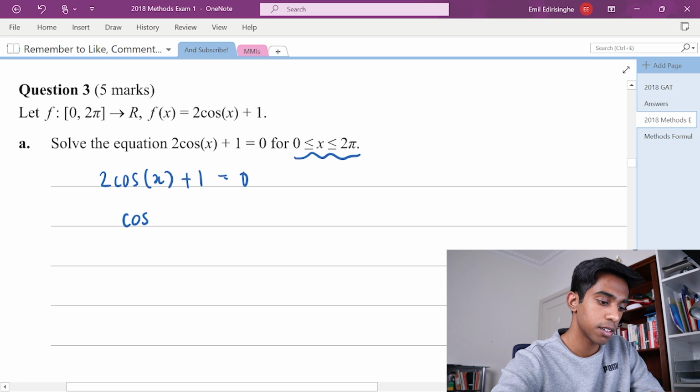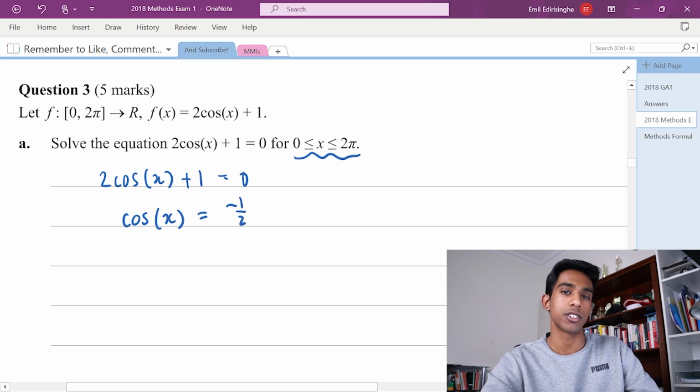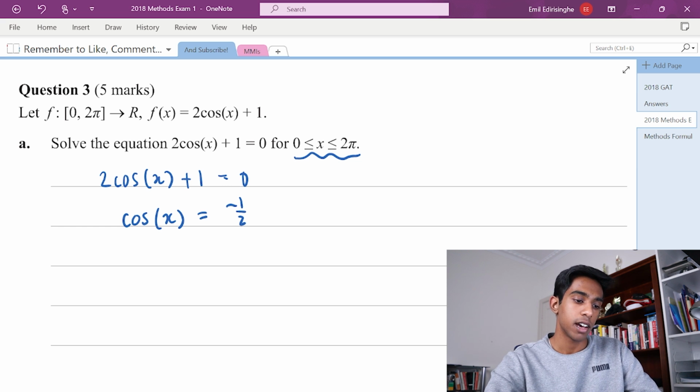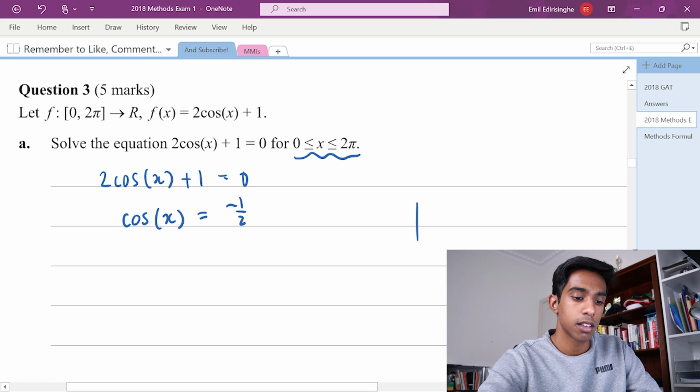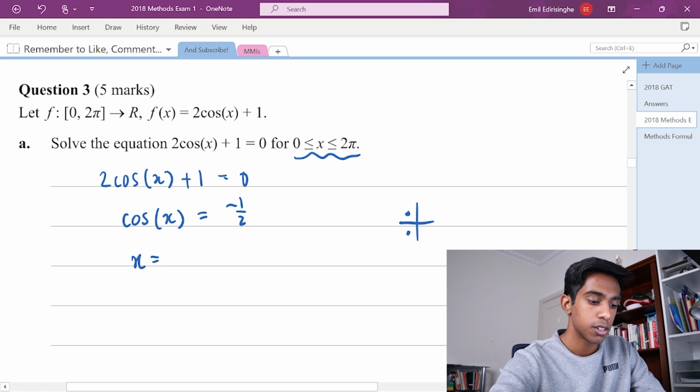Therefore, cos x equals -1 on 2. And I know for 1/2, the reference angle for cos is pi on 3. And I also know that it's going to be in the second and third quadrants because it's a -1/2. So therefore, x equals 2 pi on 3 and 4 pi on 3.